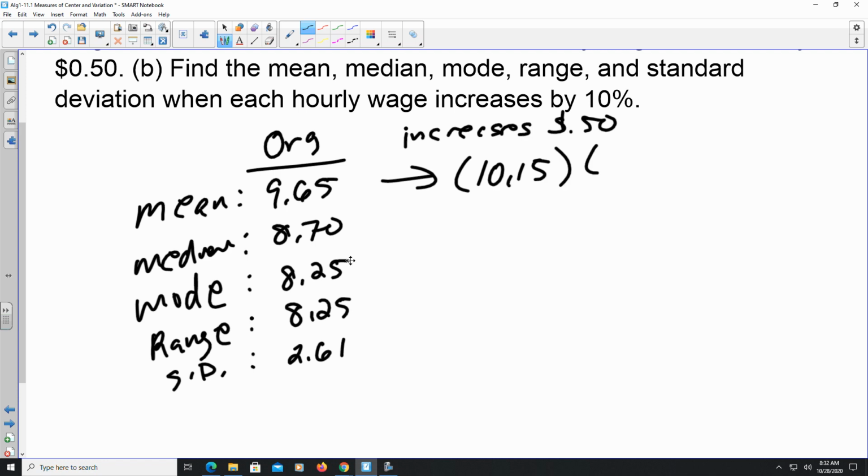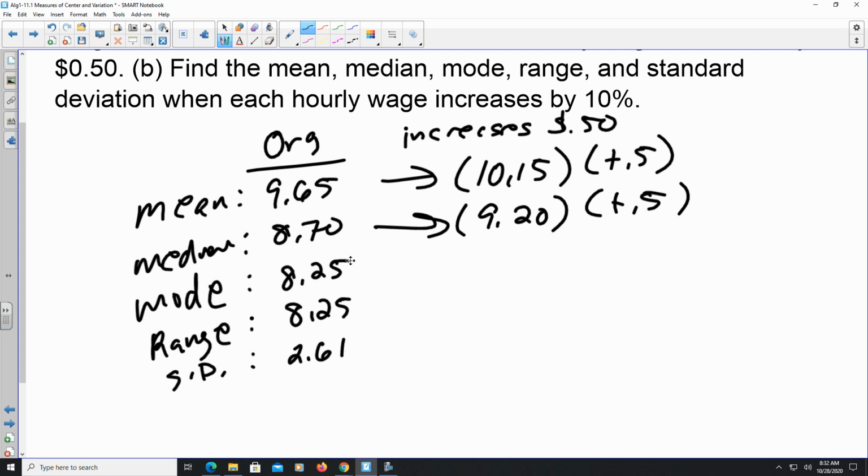It's an increase of 50 cents. Our median is going to be $9.20. Again, an increase of 50 cents. Our mode is going to be 875, an increase of 50 cents.